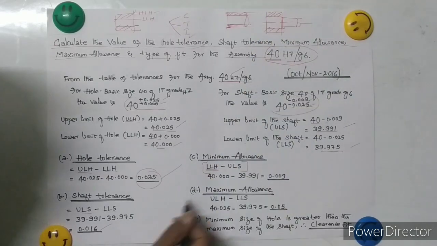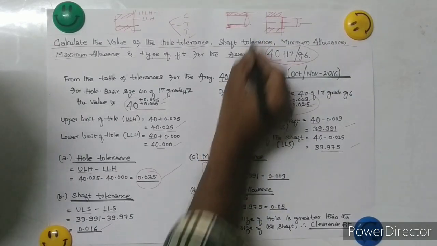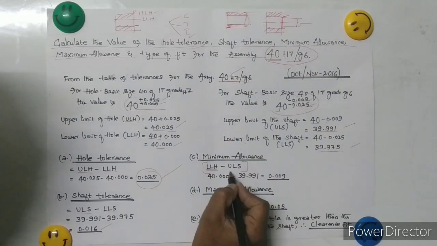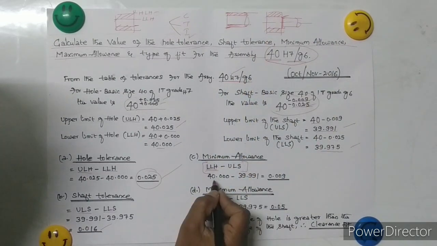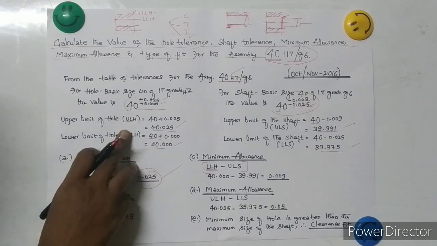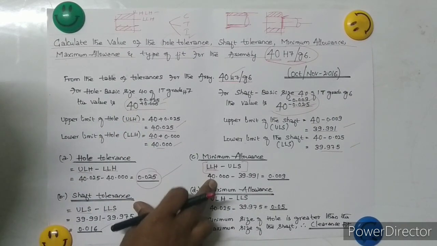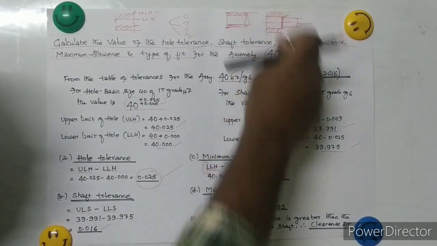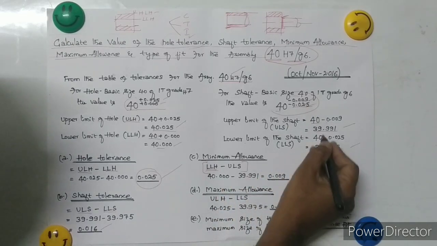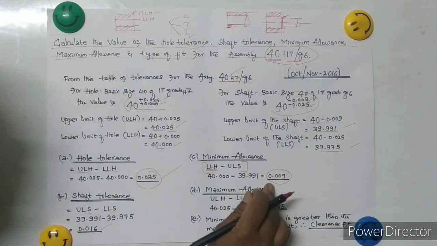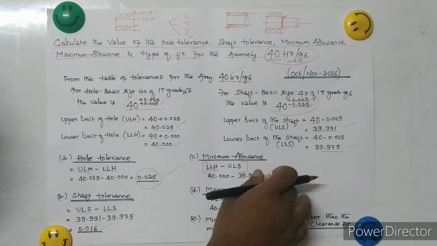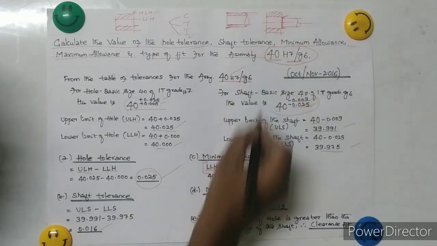So the minimum allowance is the lower limit of the hole minus the upper limit of the shaft. The lower limit of the hole is 40.00, the upper limit of the shaft is 39.991. So you get 0.009. 0.009 is your minimum allowance.